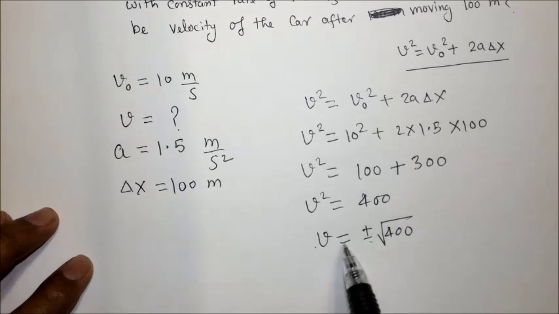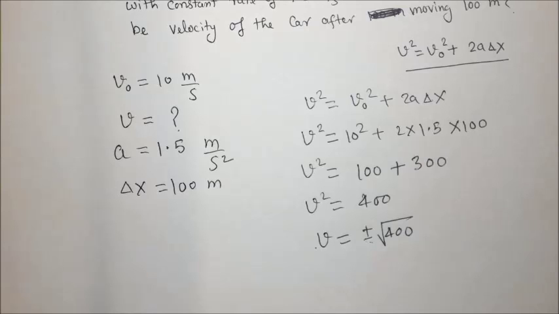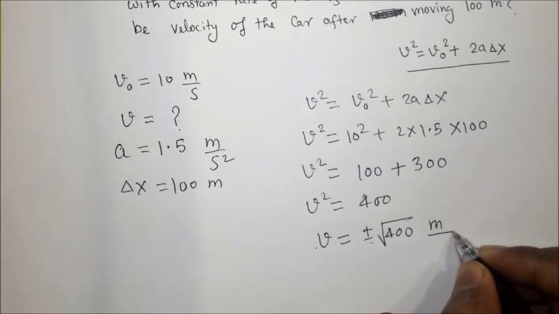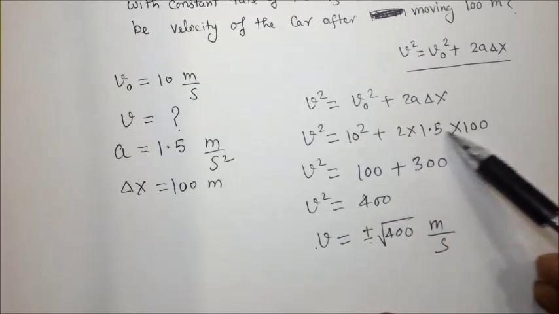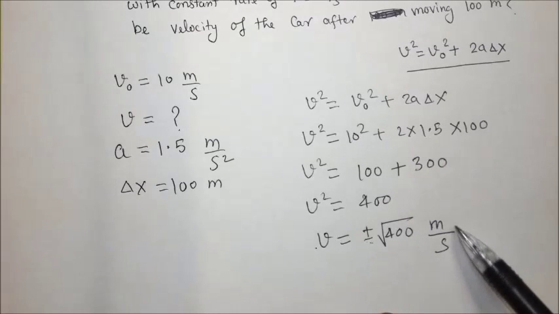V final is plus minus square root of 400 meter per second. You can put the units in different places, but when you compute it, the final unit will come out as meter per second.